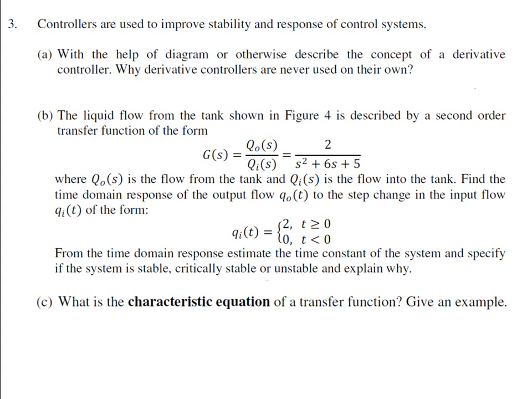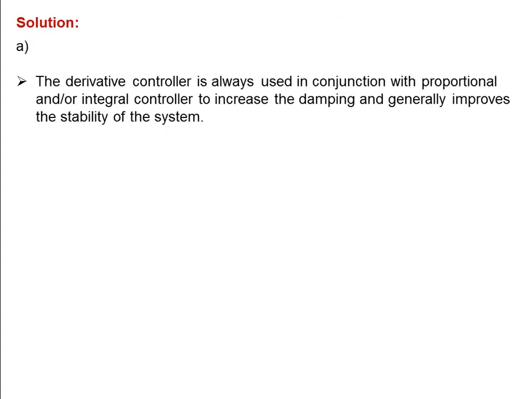We also need to find the characteristic equation of the system. For the first part, I need to mention that the derivative controller is always used in conjunction with a proportional or integral controller to increase the damping and generally improve the stability of the system.